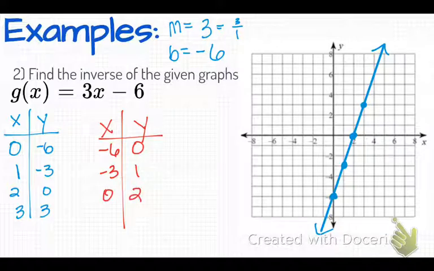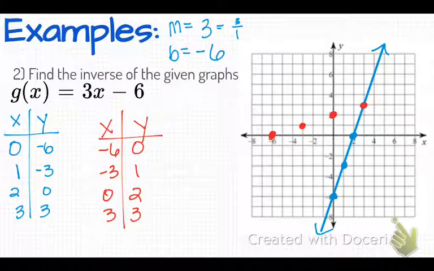And everyone, what is my last point? 3, 3, because I switched them, but they happened to be the same point. So now I'm going to graph this. I have negative 6, 0, negative 3, 1, 0, 2, and 3, 3.